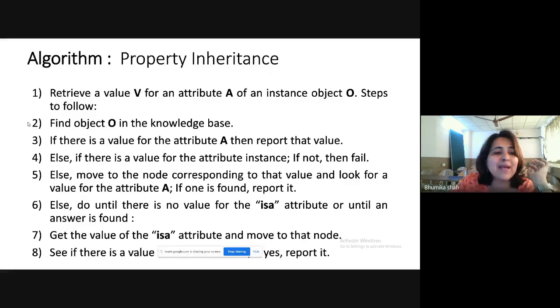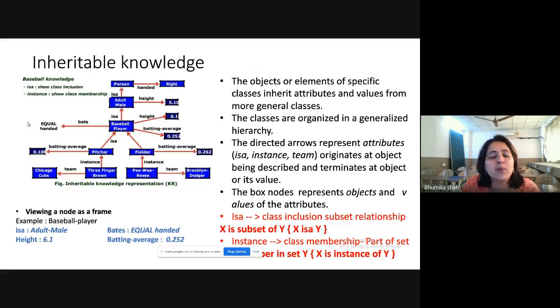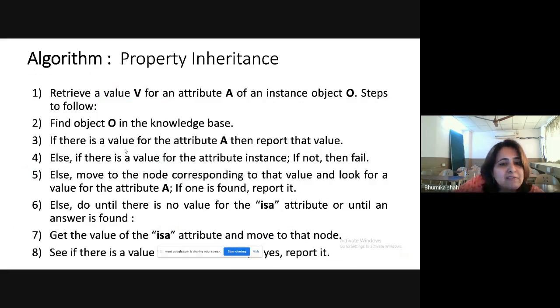But suppose I am asking you a second question, like what is the batting average of PV Rees? First of all, locate PV Rees. Then check whether the batting average attribute is directly available here. No. So you cannot return the value as per step number 3. Then you will have to go to step number 4.